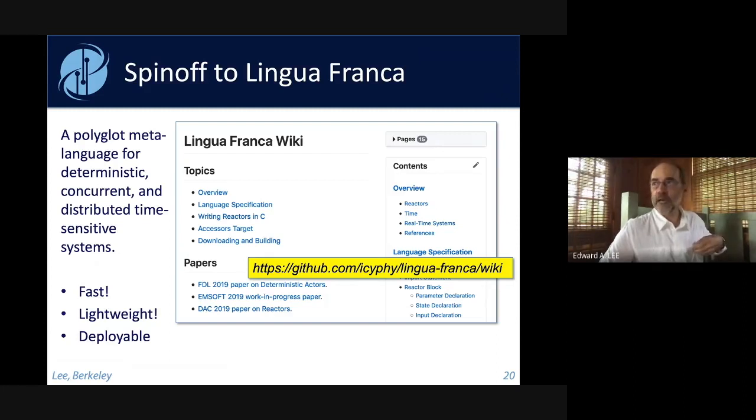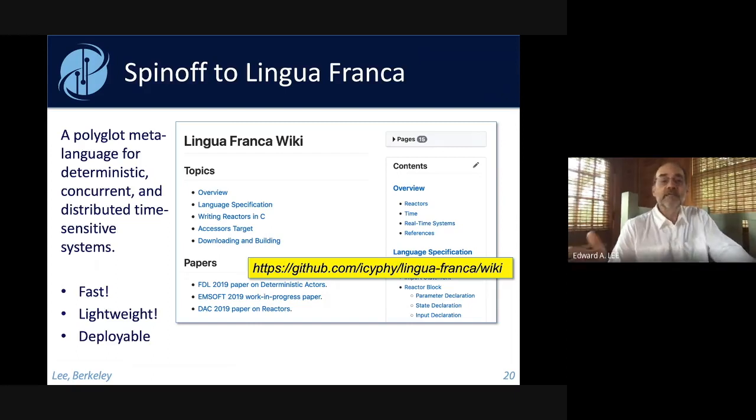On my own laptop, I measure it with some of our test cases up to 23 million reaction invocations per second per core. And if there's enough concurrency in the application, it'll use all 8 cores on my laptop without compromising determinacy.